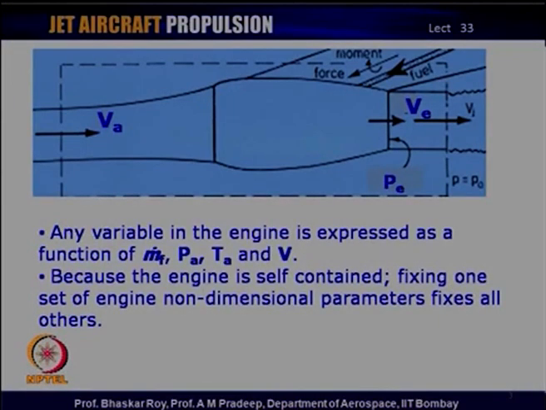If you have an engine that operates at, let us say, incoming flow velocity V A and outgoing velocity V E, we normally express various functions of the engine in terms of the incoming pressure and temperature and the velocity which is shown here. The engine performance is quite often expressed as function of these parameters along with the fuel flow m dot f.